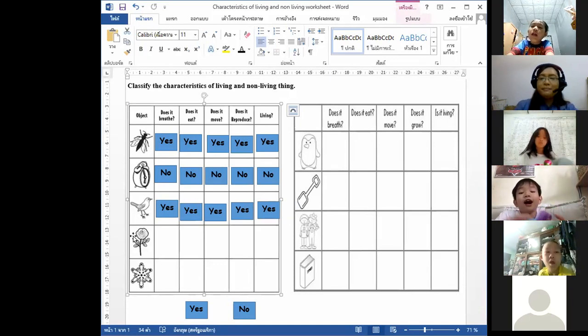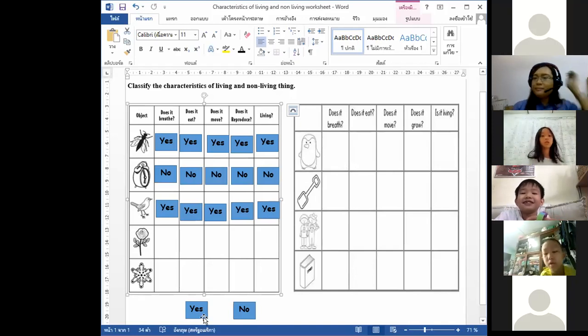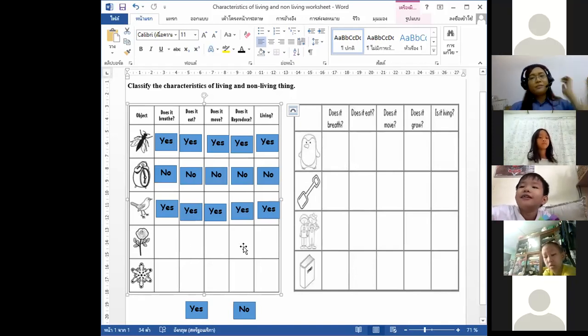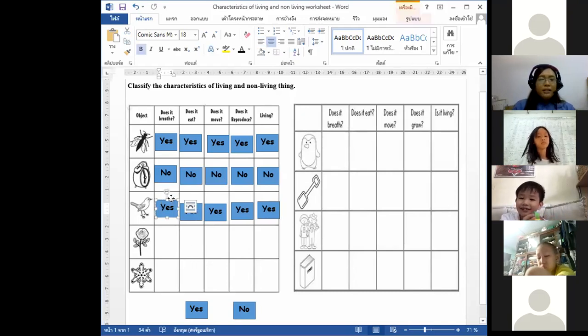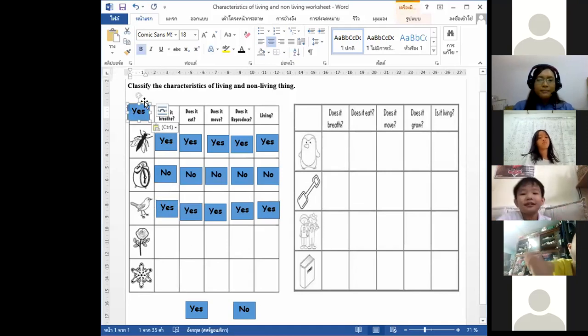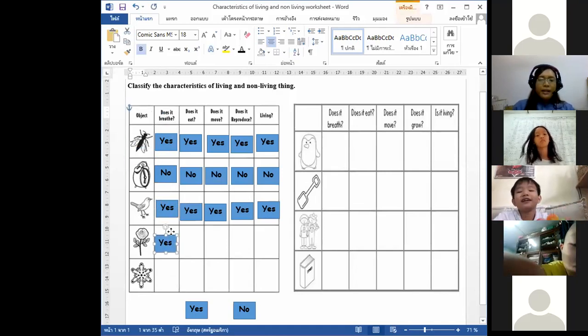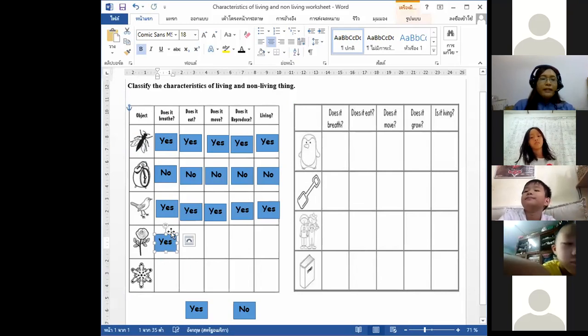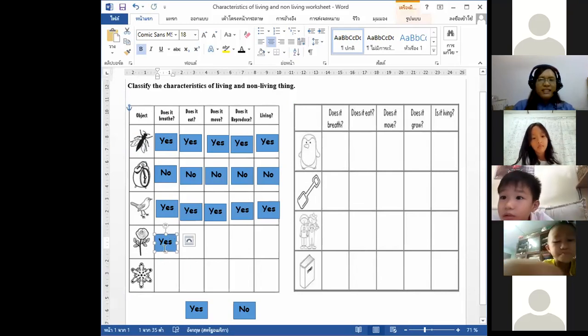Does it breathe? I think so. Yes, because a flower is a living thing. They also need air. Okay, all right. What about, does it eat?